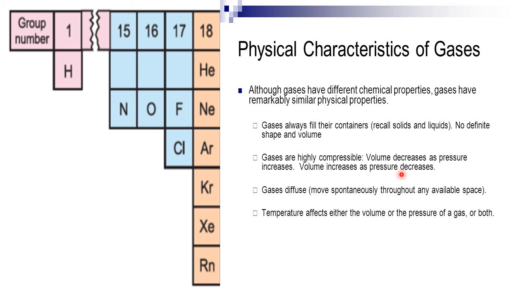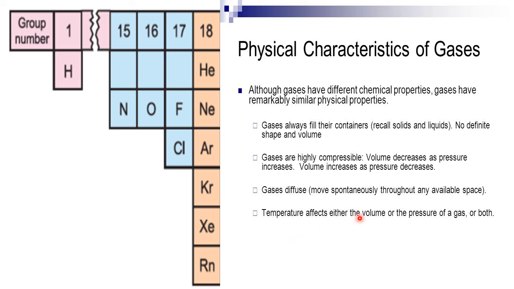Because we have a lot of gap between the particles of a gas, gases are highly compressible. Gases diffuse. If you put an incense stick, an agarbatti, at one corner of a room, after a few seconds we get its fragrance in the other part of the room. That shows that gases diffuse very fast.